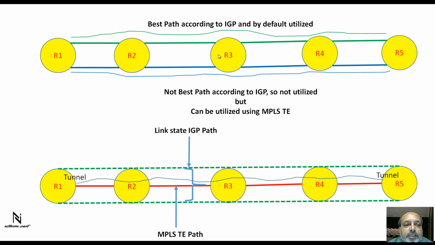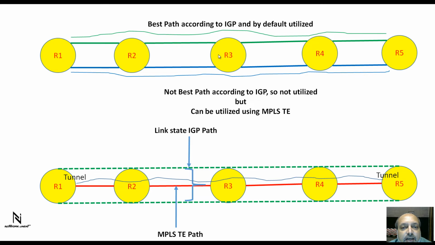Let me present you with a topology, with a test case scenario. Suppose we have declared the green path first with a setup priority of say 5. Now we declare the blue path, right, with a setup priority of 10.